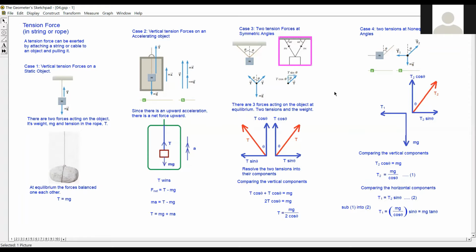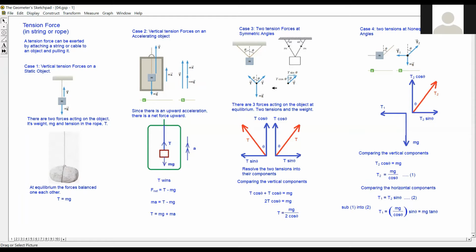So the force diagram is like this. Okay, so we have a point here, the center of gravity of the object. It is pulled upwards by 2 strings. Okay, the first string produces a tension of T, and the second string also produces a tension of T, but in a different direction.